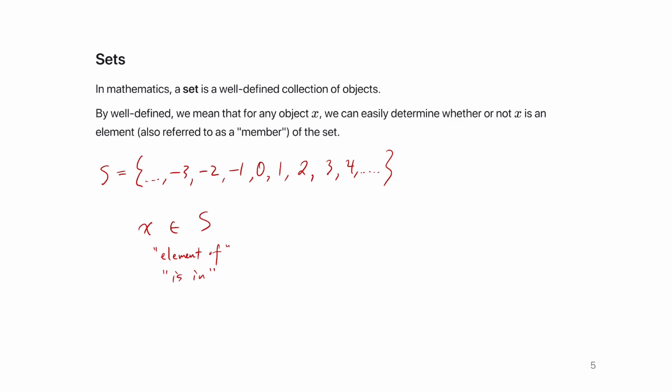For example, this is actually the set of the integers, which we denote with this fancy Z. Don't worry too much about that right now, because we'll talk a lot more about these different number sets and the properties that define them on Tuesday. But for example, we could say -3 is an element of Z. What we can also say is that pi is not an element of Z. The little E with the slash through it means "is not an element of."